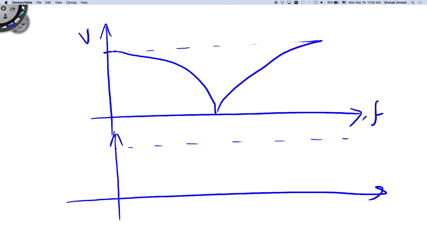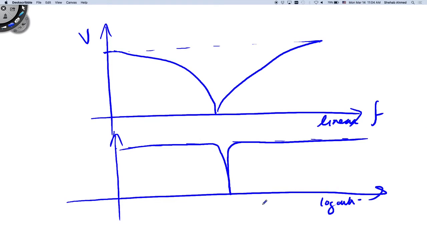If I change this from linear scale to logarithmic scale, then I will get something that looks like this, for example. So at a certain frequency, 60 Hertz, these are the same values.